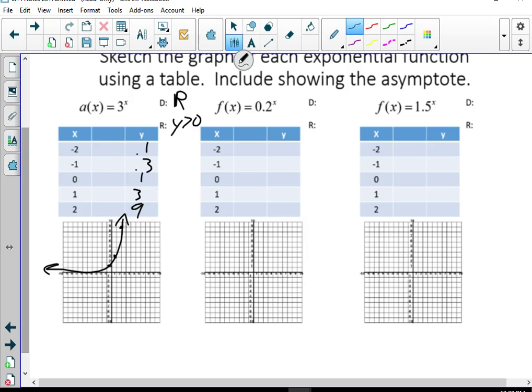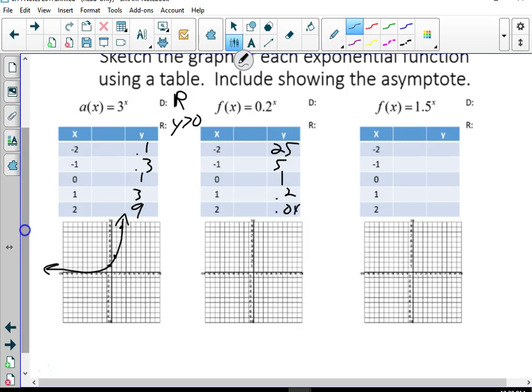What'd you get? 25. What's 0.2 to the negative 1? 5. 0.2 to the 0? Not going to change. It's going to be 1. 0.2 to the 1 will be 0.2, and this will be 0.04.